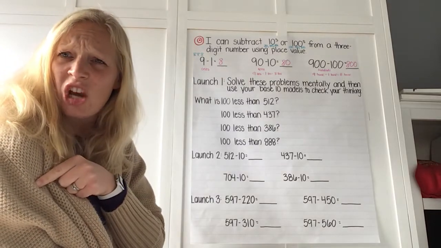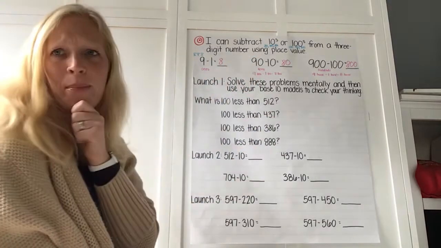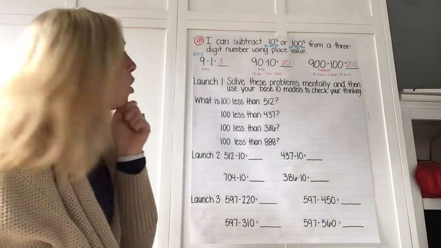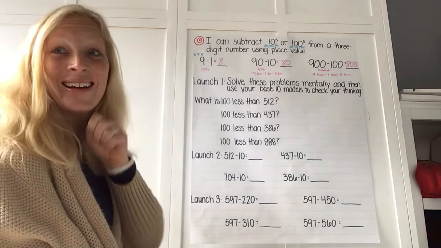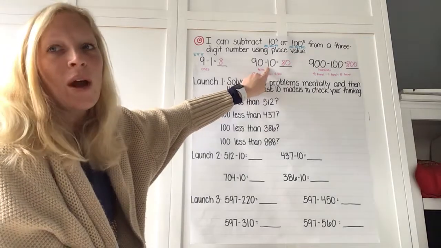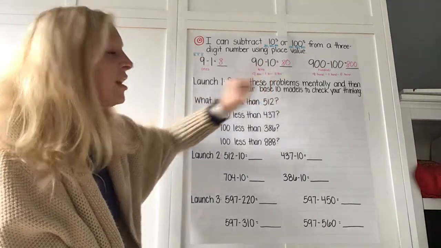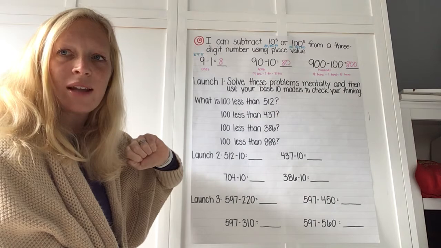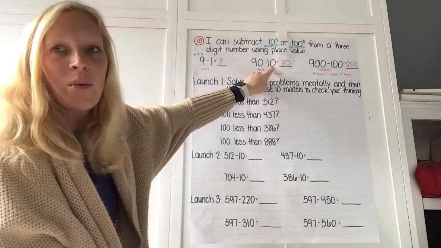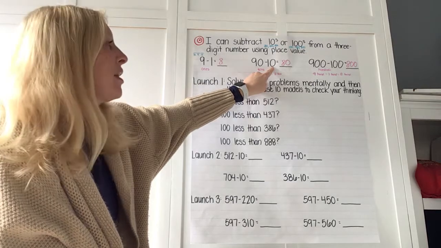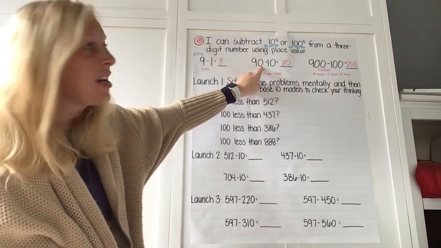What place changed in this problem? Why did the tens place change? Because you were taking 1 ten away. Did the ones place change? Why not? Right, there's a 0 in that ones place. So if there's a 0 in it, that ones place isn't going to change.